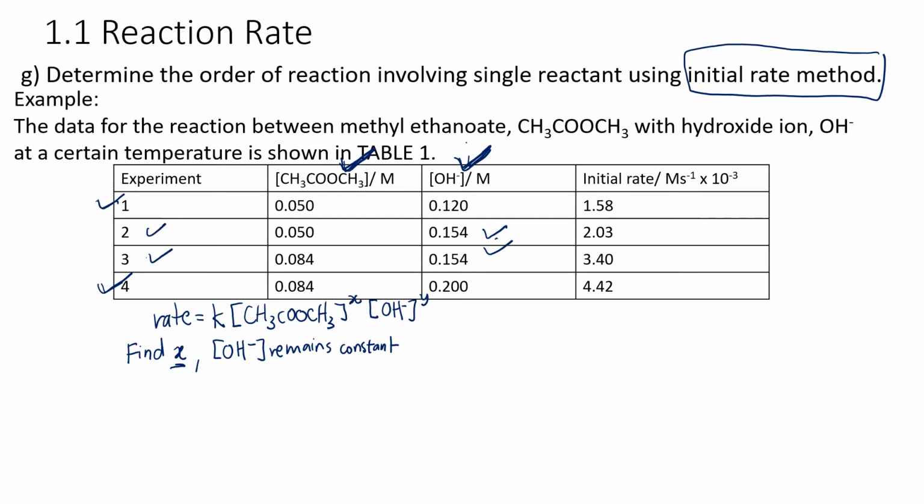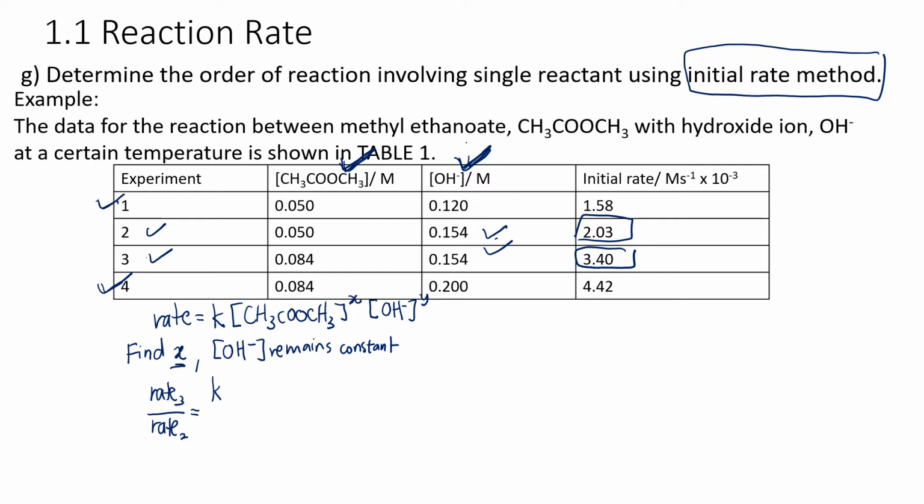Can you see that the initial rate for experiment 3 is larger than experiment 2? Therefore, we need to use the rate for experiment 3 to divide by the rate of experiment 2, and we expect the rate constant for both experiments to be constant.